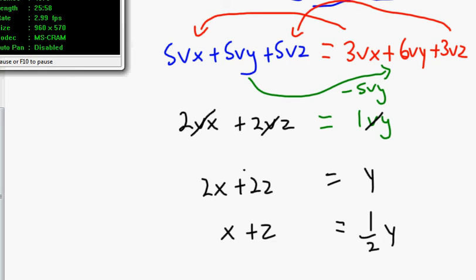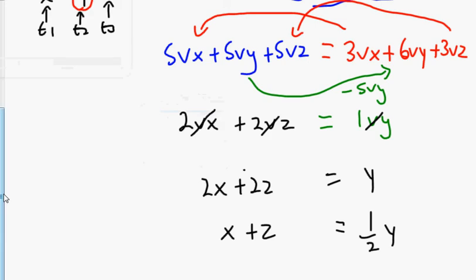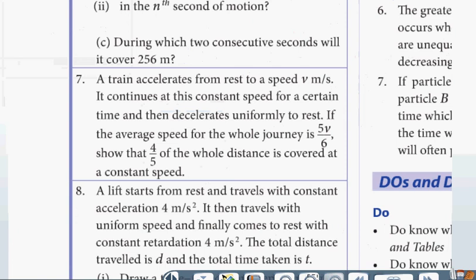So what we've got to do next is find the fraction of distance. The whole point of the question is to show that 4/5 of the whole distance is covered at a constant speed.